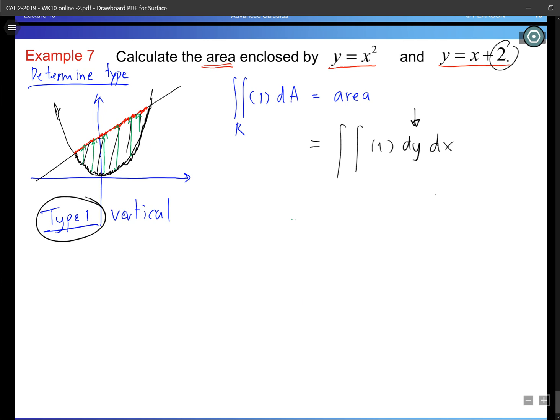So integrating with respect to y first, we integrate from the lower function, g1(x), to the upper function, g2(x). Now, for the second integration, the x variable, we need to sweep the whole region, so from a to b.